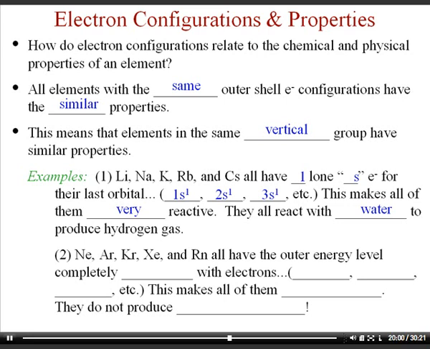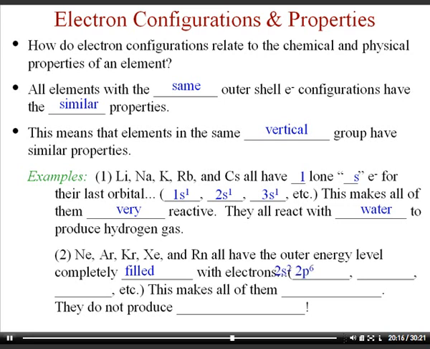Another example of a group that has very similar chemical and physical properties is the last column on the periodic table, the noble gases. Neon, argon, krypton, xenon, and radon all have a completely filled outer shell. So does helium, but I just stick with these elements because you can see the trend.